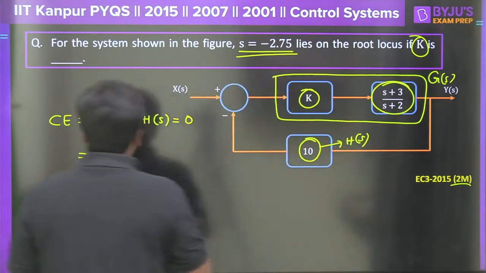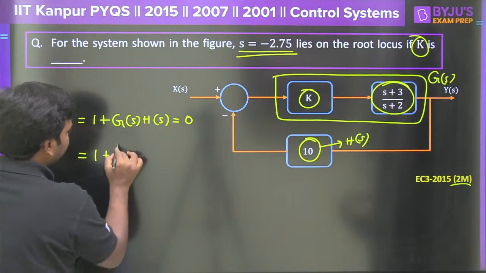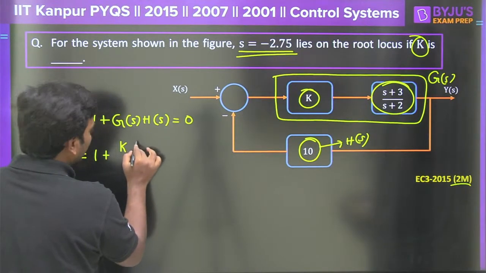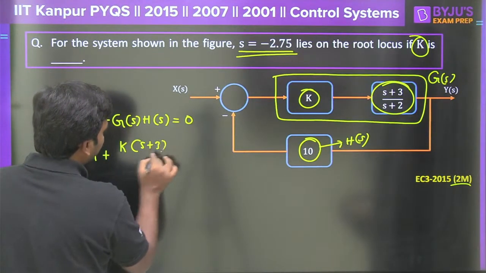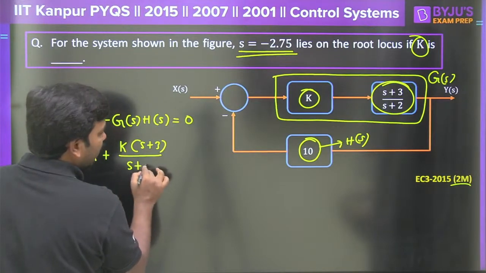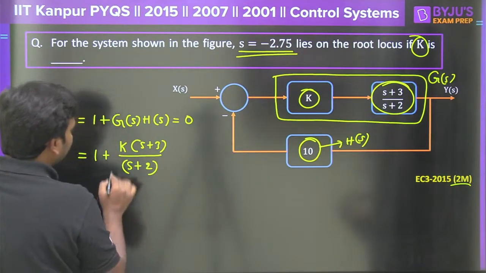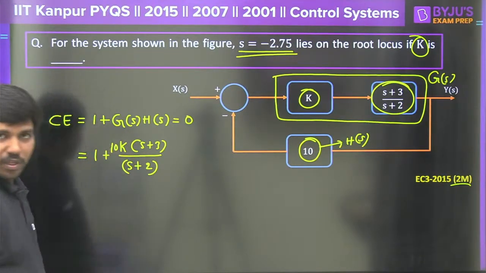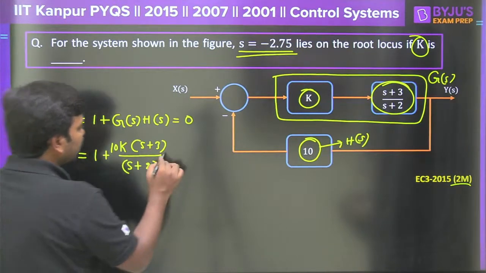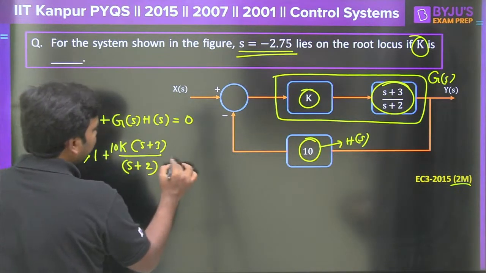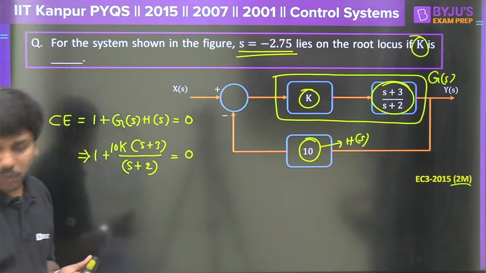So let me write down g of s into h of s: K into s plus 3 divided by s plus 2, of course with 10 multiplied here. Clear? So now this must be equal to 0.